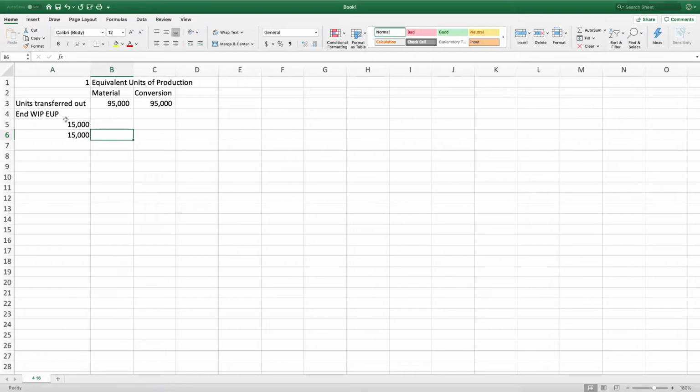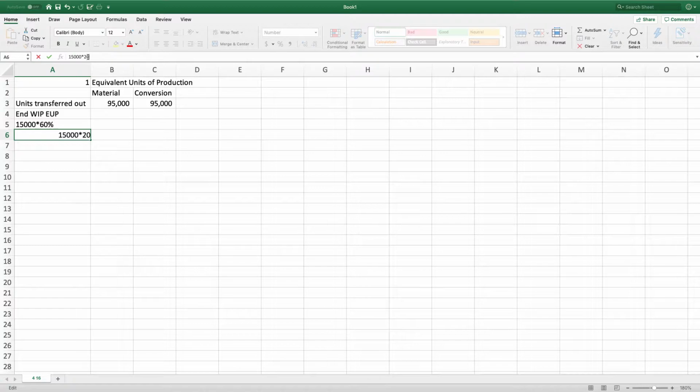But the problem states that with respect to material, you have 60% completed. With respect to conversion costs, you're only 20% completed. So we can run those numbers, right?